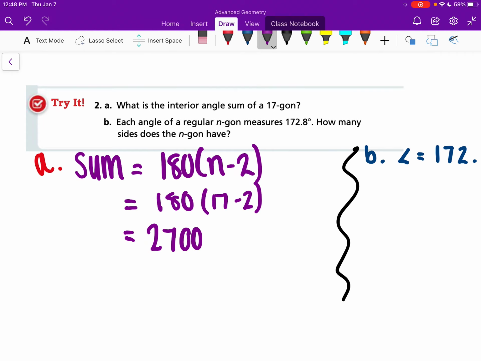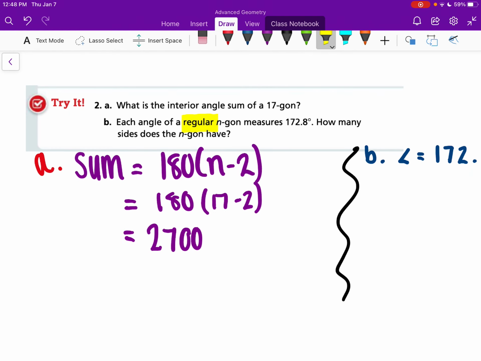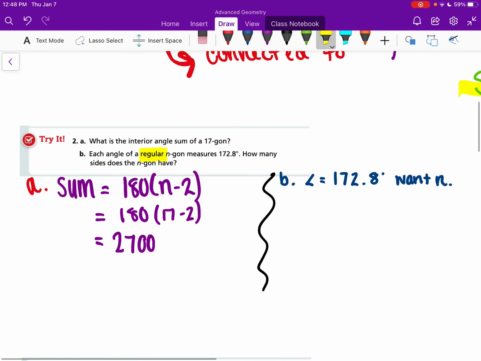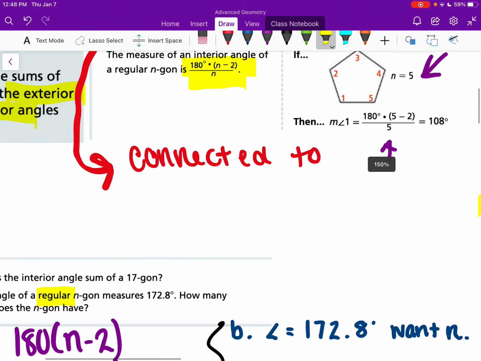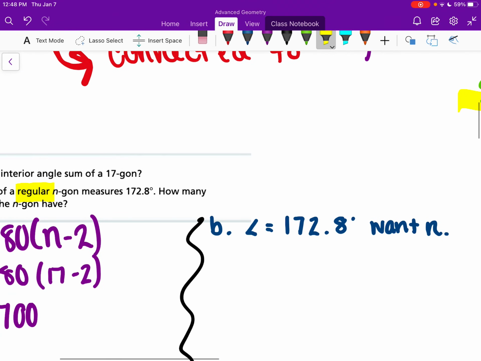Now, part B is a little bit more involved, and it says each angle of a regular, that's important, that regular tells us that all of the angle measures are the same. Each angle measures 172.8 degrees, and it wants to know how many sides does it have. So let's go back up to that formula that tells us how to find the measure of the angles of a regular n-gon, which is 180 times n minus 2 over n.